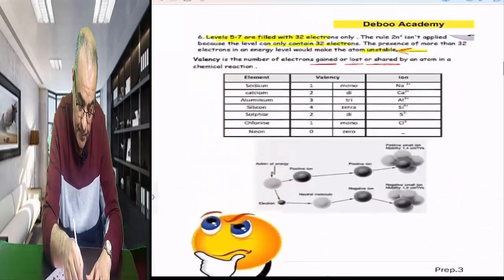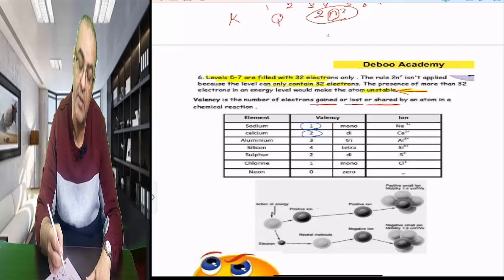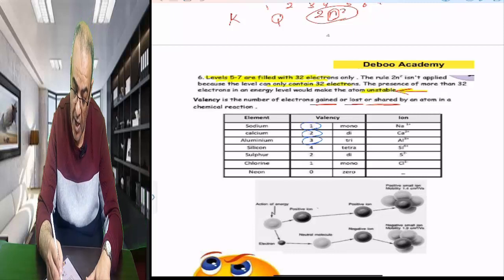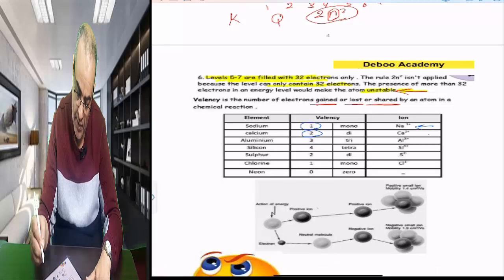Come to see here, sodium valency mono because it lost 1 electron, calcium lost 2 electrons, aluminum lost 3 electrons. They are mono, di, trivalent. But when the atom loses electrons, it becomes a positive ion as we see here.